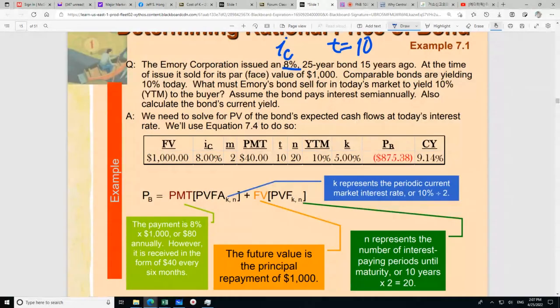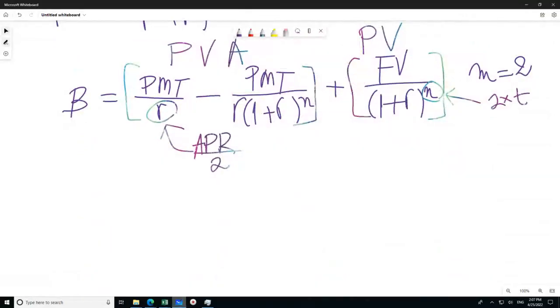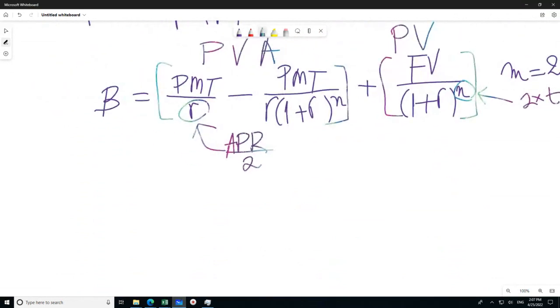You remember that bond price can fall into either category. It can be greater than, equal to, or less than par value, which is $1,000. We've done this so many times. If the price is above par value, that's called a premium bond.